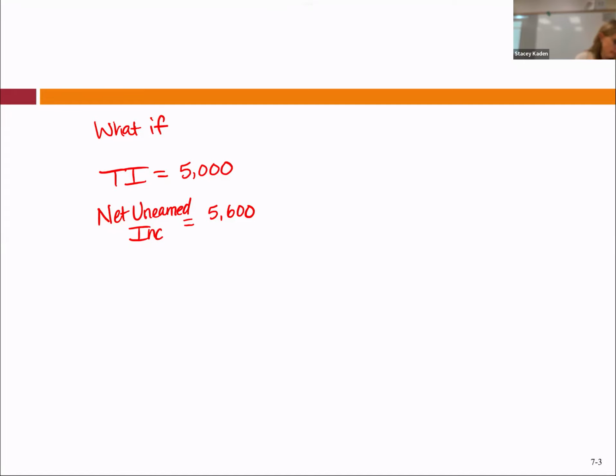$3,100 is taxable, whatever the parents' money right now. This net unearned is already subtracting the 2,500. So her unearned income was 8,100.